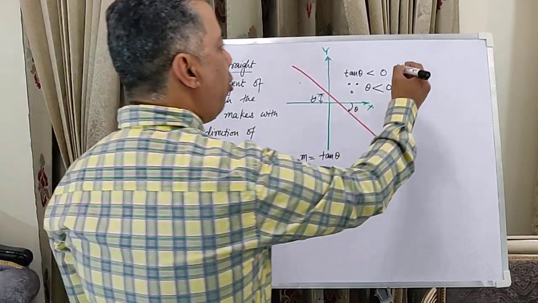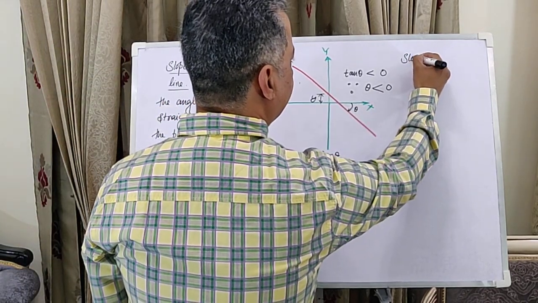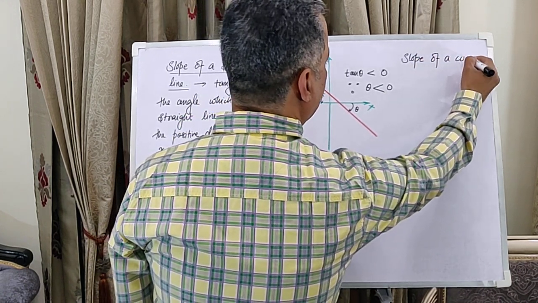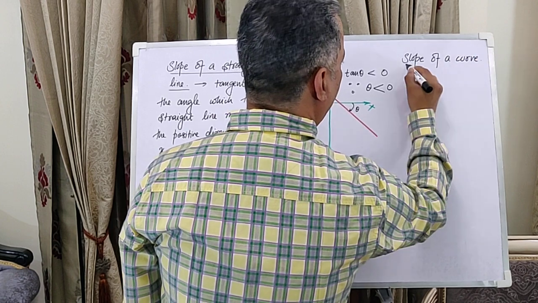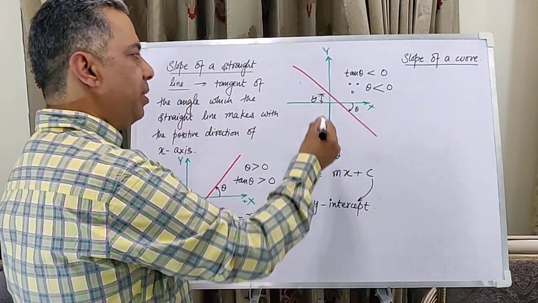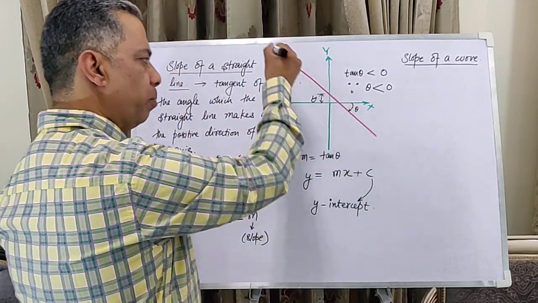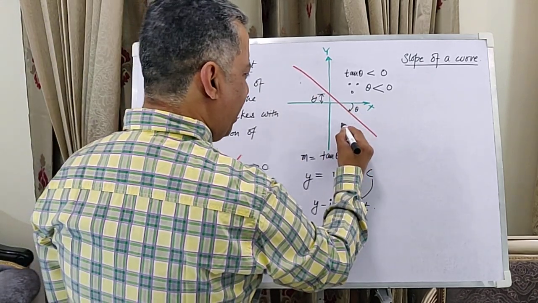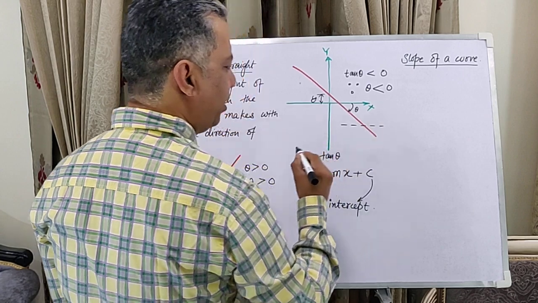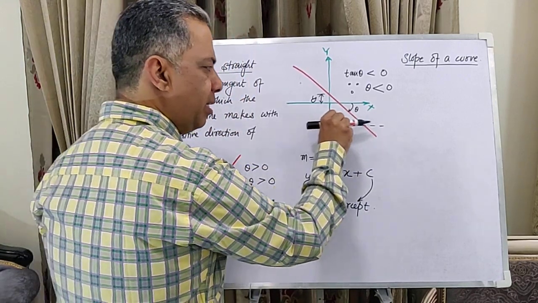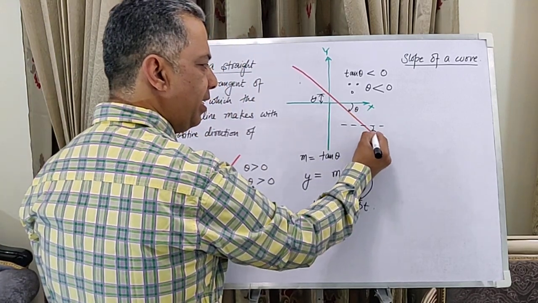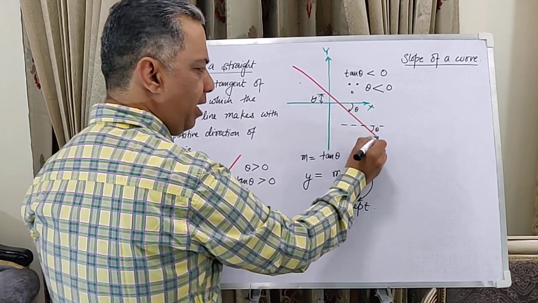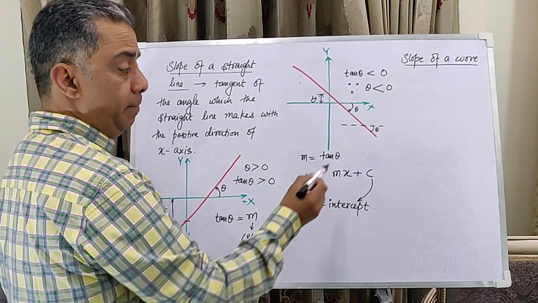Now slope of a curve. Now a straight line has a constant slope. The value of theta is same everywhere. So wherever you might measure theta, if you consider a positive x direction and take theta, you end up taking the angle which the straight line makes with positive x direction.